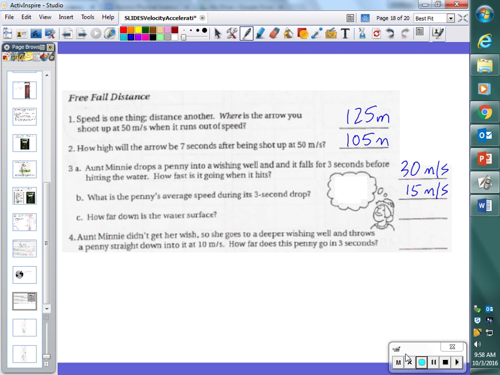And then, that being the case, how far did it fall? Talk to the person next to you. How far did it fall? Go.